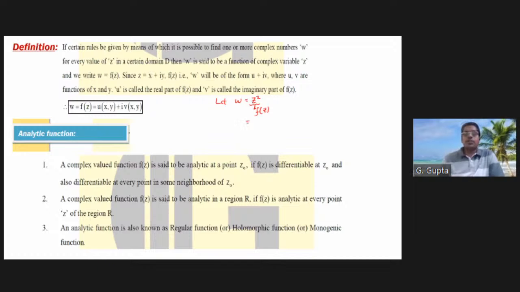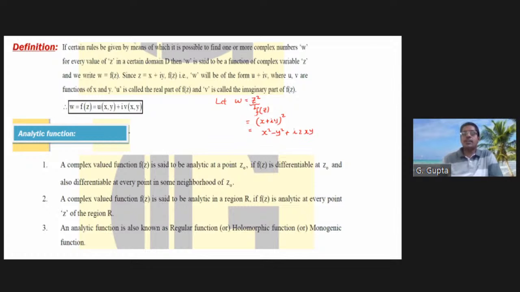So just convert into Cartesian, X plus IY whole square. So it looks like A plus B whole square, that is A square plus B square plus 2AB. X square plus I square Y square, I square value is minus 1, plus 2AB, that is I into 2XY.